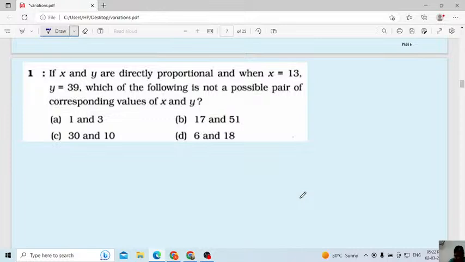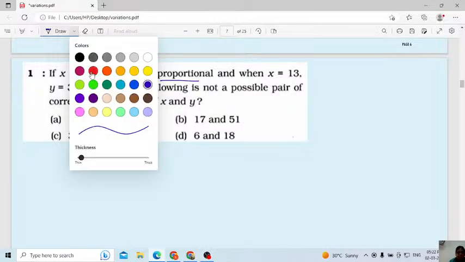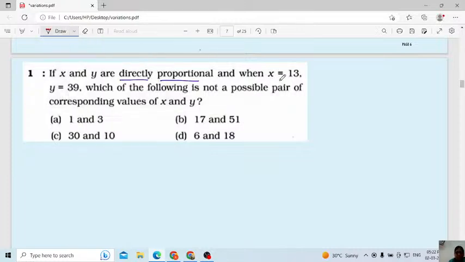Any doubt? Okay. Here, if x and y are directly proportional, already they are given as directly proportional, then when x is equal to 13, y is equal to 39. Which of the following is not a possible pair of corresponding values of x and y?